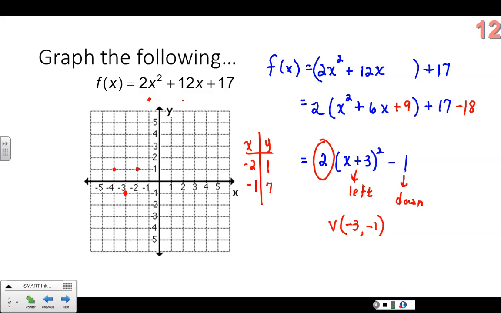This will be up here. And symmetry says I'll have another point right there. So here's my graph. It's a little thinner, or skinnier, than a normal parabola would be. If nothing else, though, the shifting gives you your vertex point.